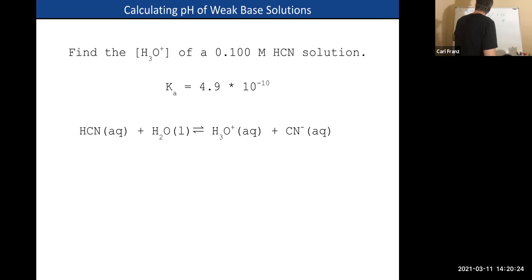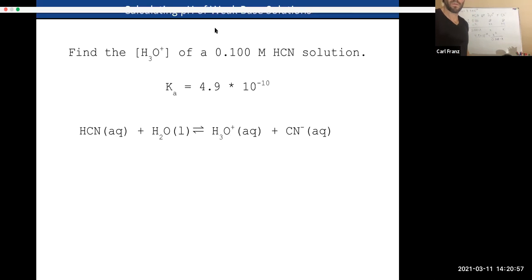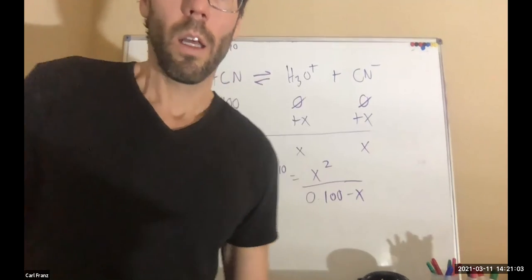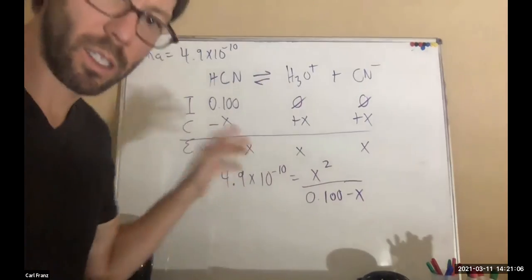So it's plus x, plus x, minus x. 0.1 minus x, x, x, and then 4.9 times 10 to the negative 10 equals x squared over 0.100 minus x. Hopefully you guys that are still here are working on this, got this far.